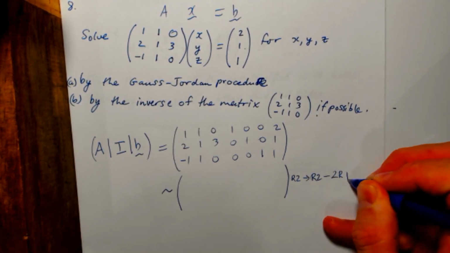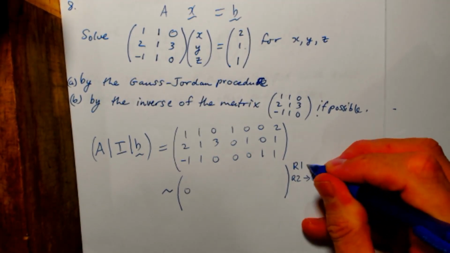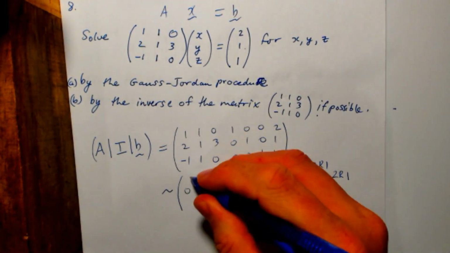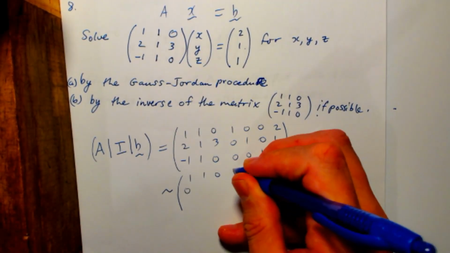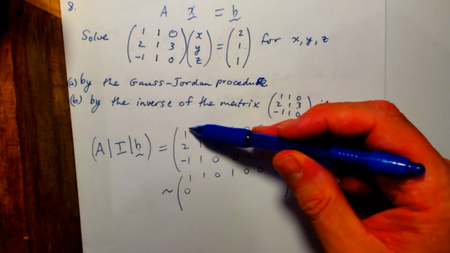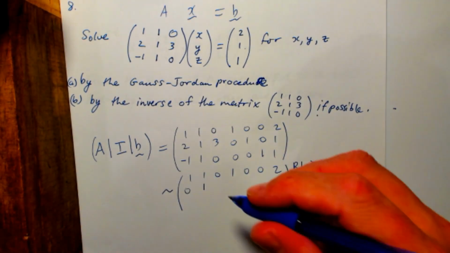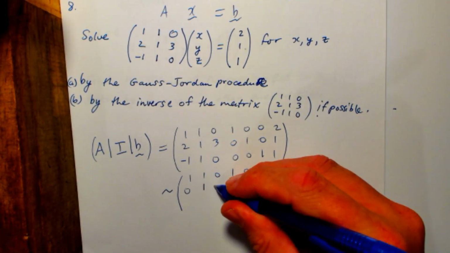2 row 1. Okay, so we'll get a 0 here. Keep row 1 the same. So 2 minus 2 is 0. 2 minus 1 is 1. That's convenient. 3 minus 0 is 3.